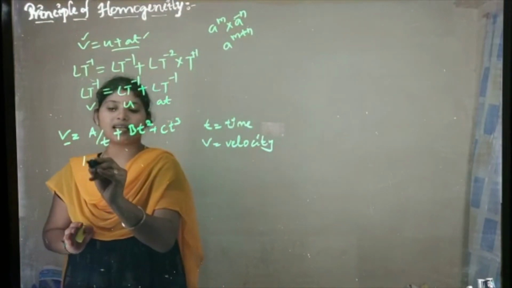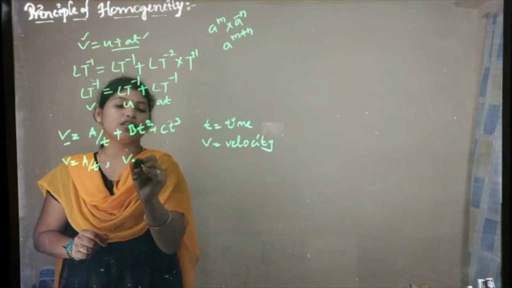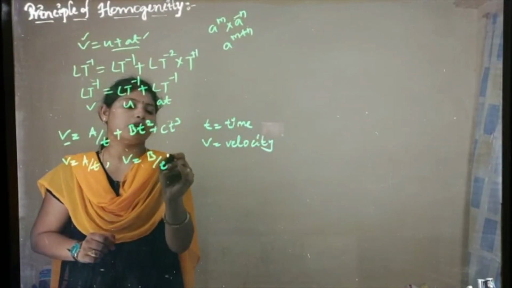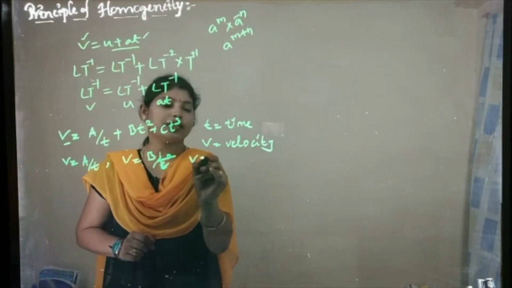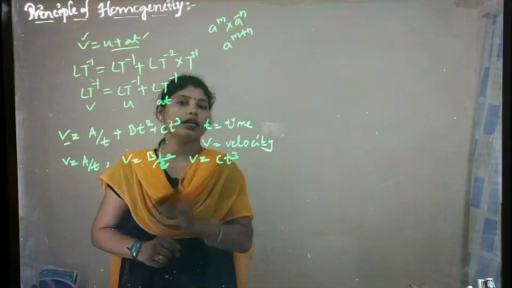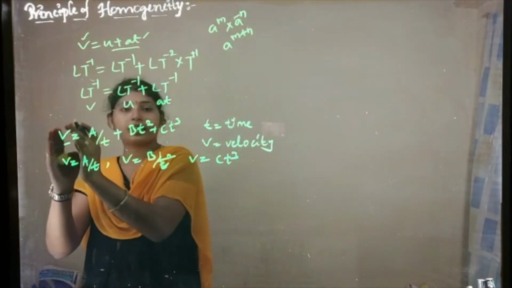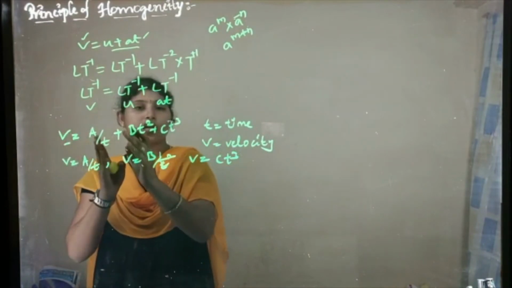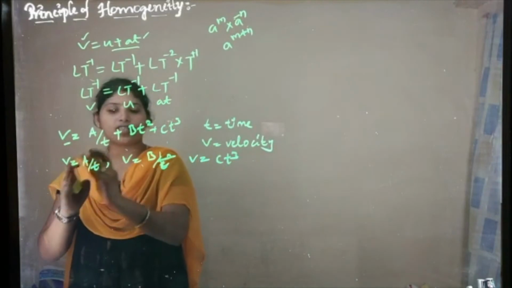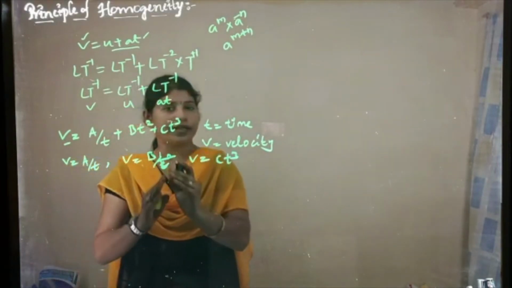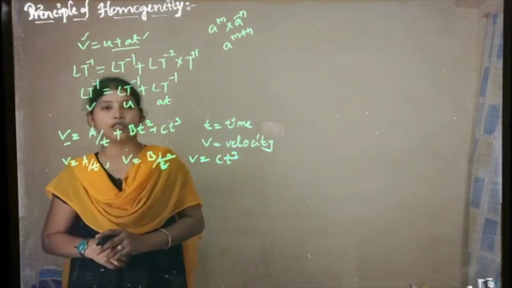So we can say v equals a by t, v equals b t square, and v equals c t cube, with the help of the homogeneity principle.